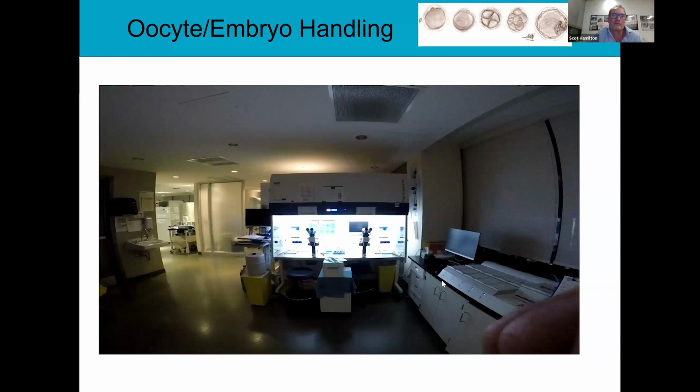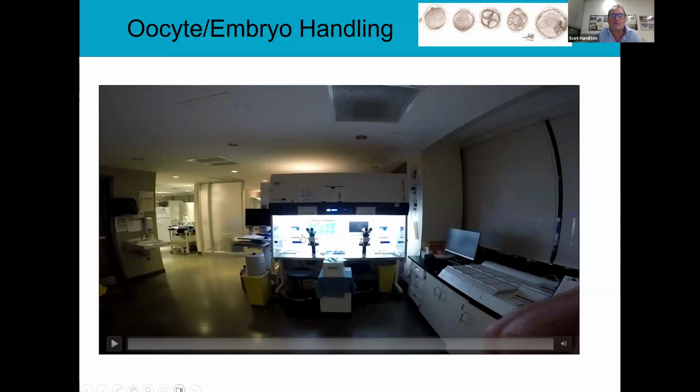Handling of the oocytes and subsequently the embryos has to be done in a clean lab, in a clean hood. You do need microscopes of varying magnifications, and the cumulus oocyte complex and even the embryo itself are fairly large as cells are concerned.